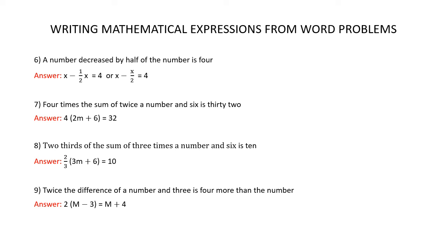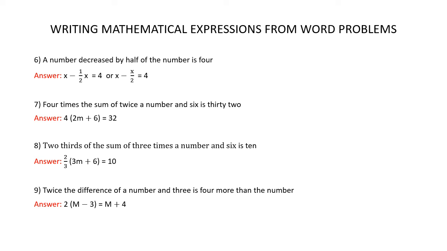Now let's learn how to write mathematical equations from phrases. Look at this example. A number decreased by half of the number is 4. Now let the number be x. Then half the number will be x divided by 2.